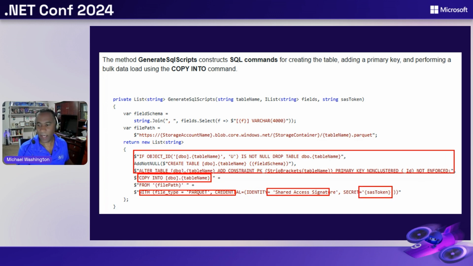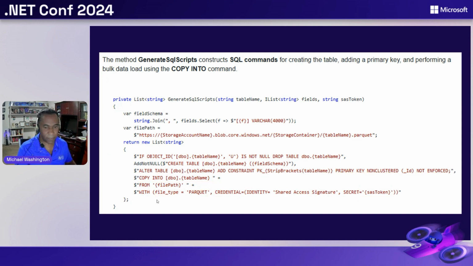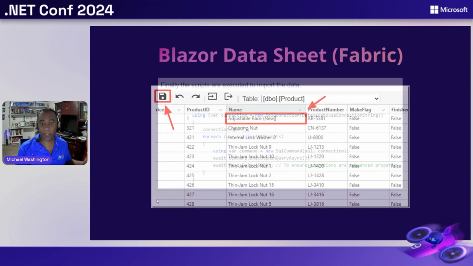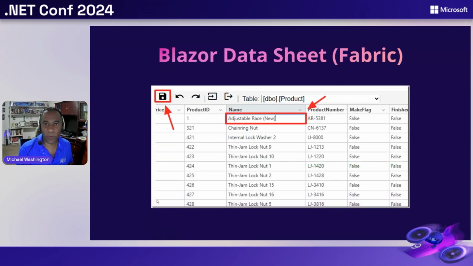Up here, I'm creating the table if it's not already there, or deleting data if I'm replacing all the data. But again, this is just a SQL command. And here I execute the script, and it's done. And like I said, it can move about 4 million rows a minute.